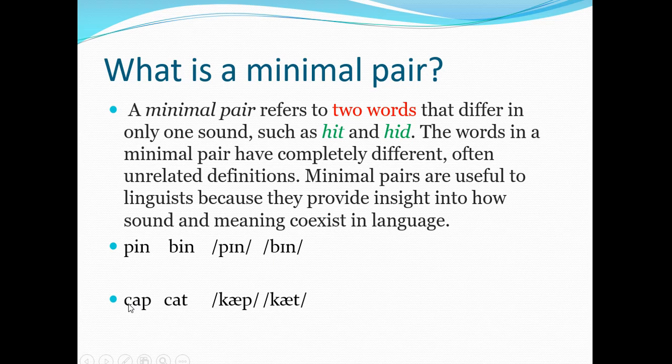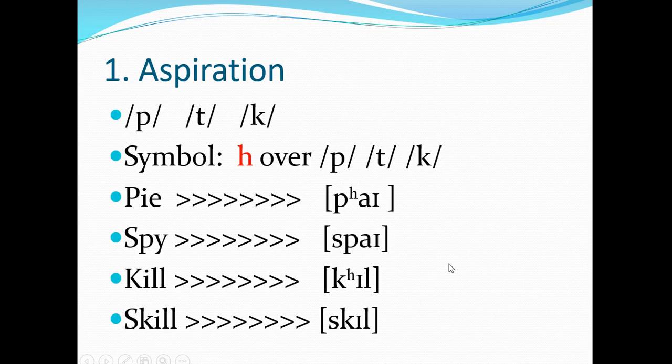And in these two words, cap and cat, we also have a minimal pair because the final sound in this case is p, and in this word is t. So this is a minimal pair because the rest of the sounds are the same: k, a.